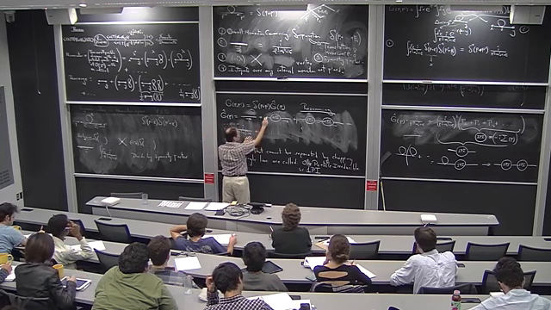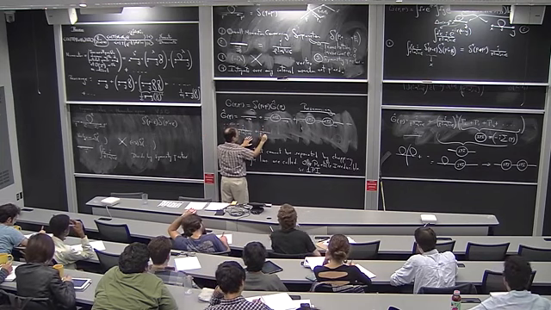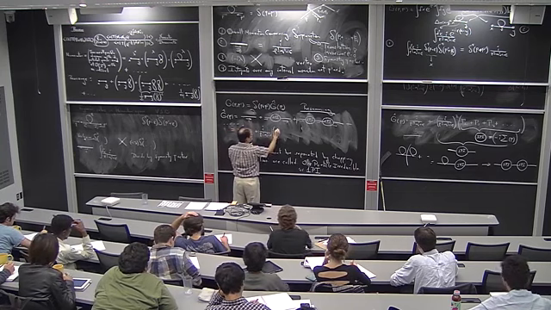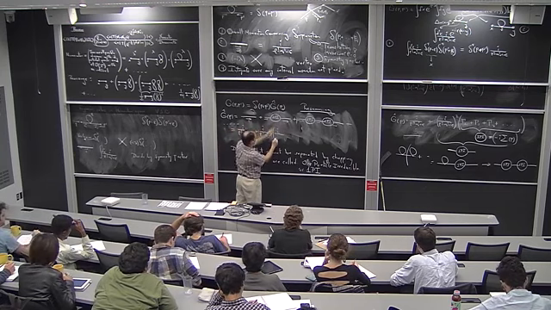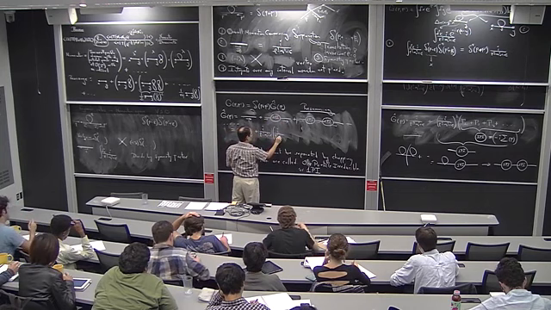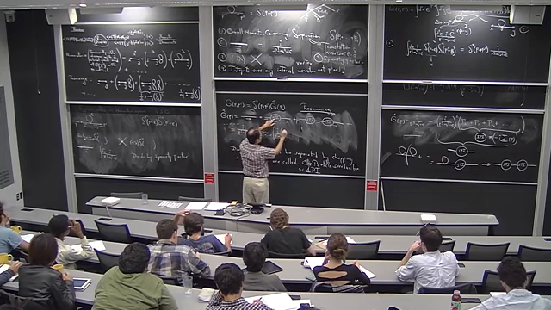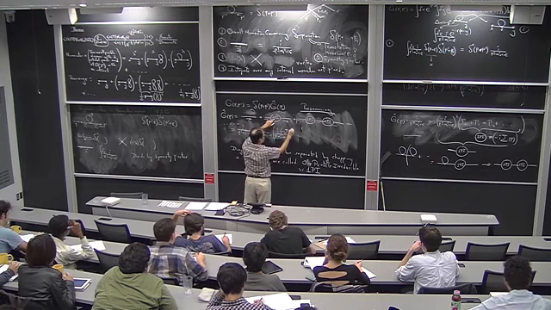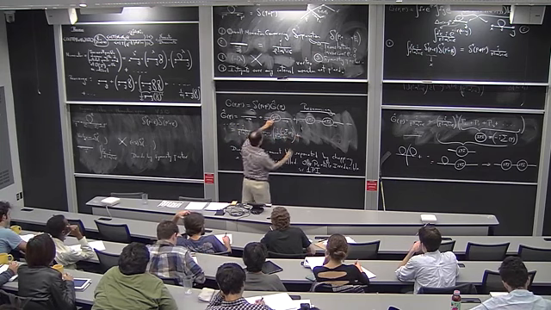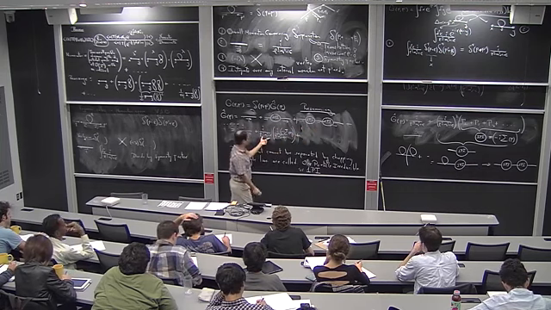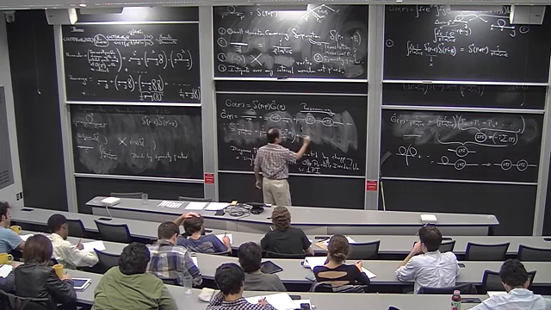We get 1 propagator times this propagator times this 1-pi contribution, plus this guy has 3 propagators. One of them, I'll pull it out as I did before.